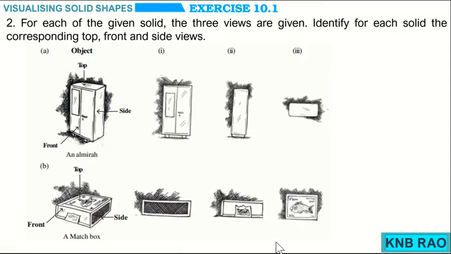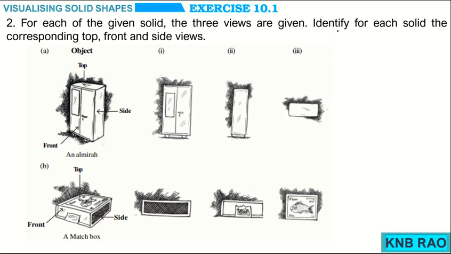Children, here is homework number 2. Question number 2. For each of the given solids, the 3 views are given, numbered 1, 2, 3. For example, here an almirah, 1 view, second view, third view.